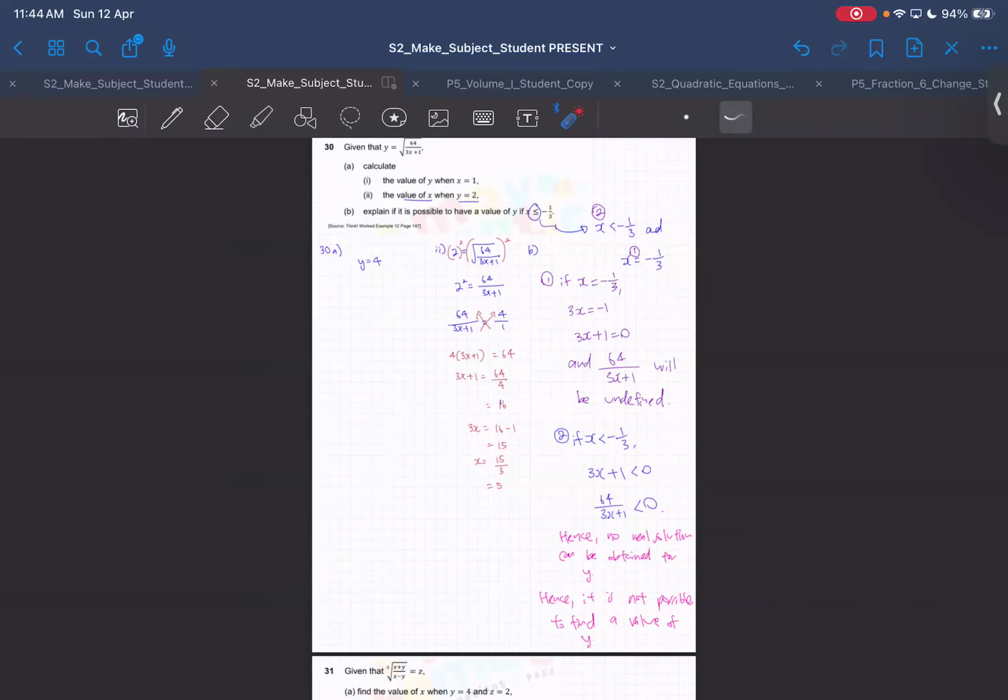See or not? Is it very small? There's no room for you to define for one. Possible. You find a value of y.